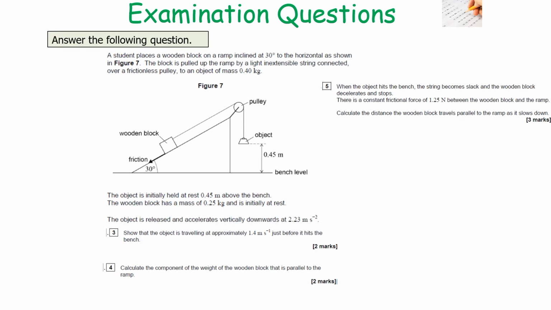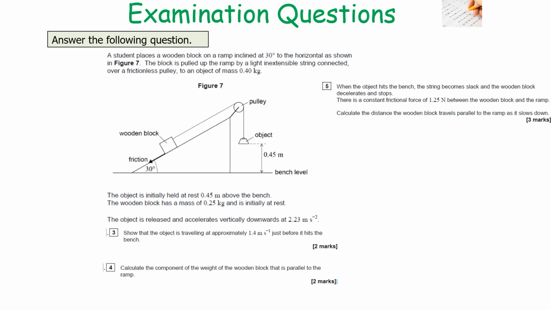Right, let's have a look at this question again. We've got the same ideas here, that the object is initially held at rest 0.5 meters above the bench. The wooden block has a mass of 0.25 kilograms and is initially at rest. The object is released and accelerates vertically downwards at 2.23 meters per second squared. Show that the object is traveling at approximately 1.4 meters per second before it hits the bench.